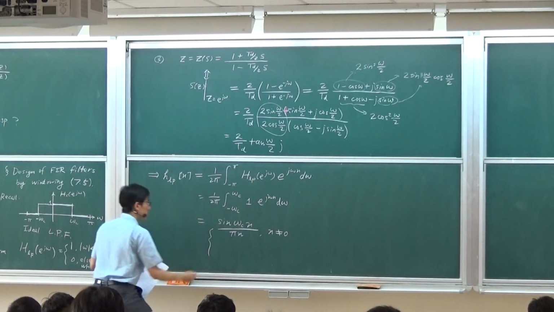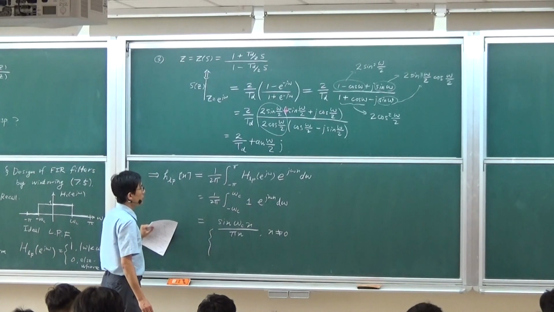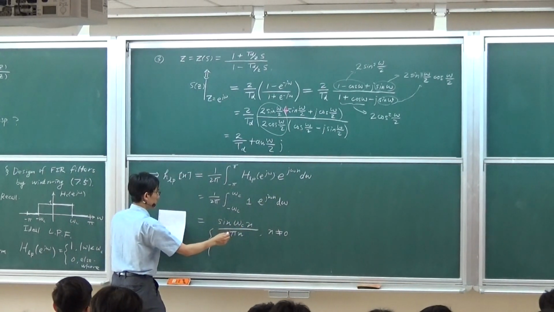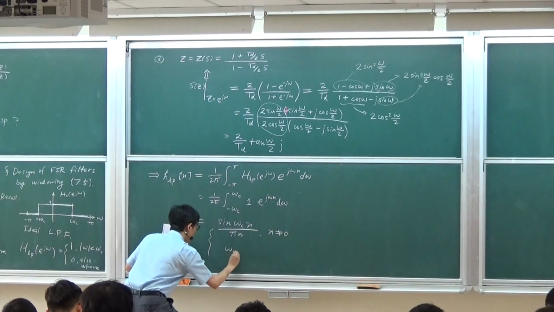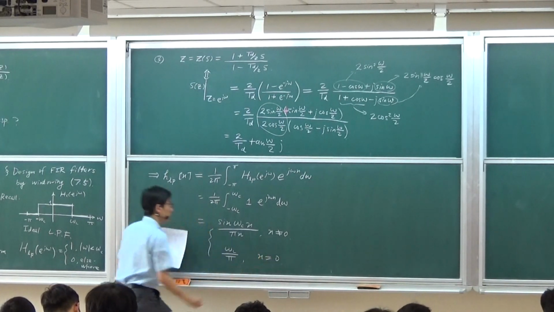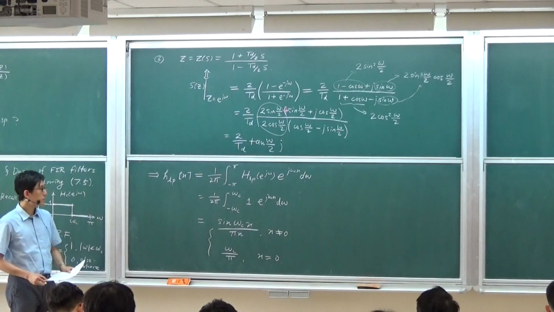And at n equals 0, the result is omega c divided by pi. So far so good?